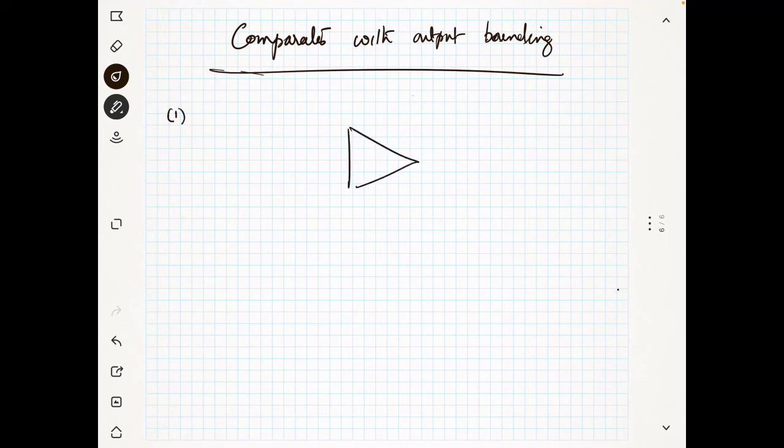Let us consider the comparator circuit where the output is bounded. Now this is minus, this is plus. This I am going to detect by using my reference voltage. My reference voltage I am setting here to 0. You can set any other voltage also, there is no issue.